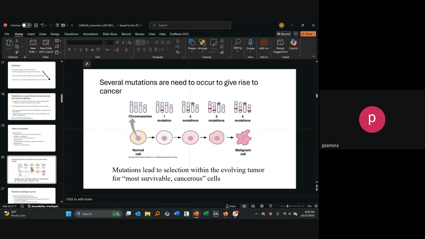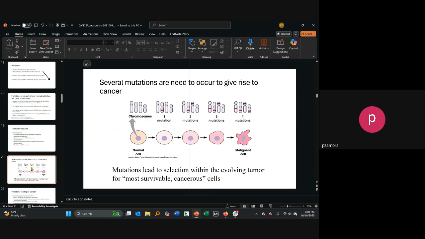And of particular import is that you need several mutations serially to give rise to a cancer. You have accumulated damage over a period of time.